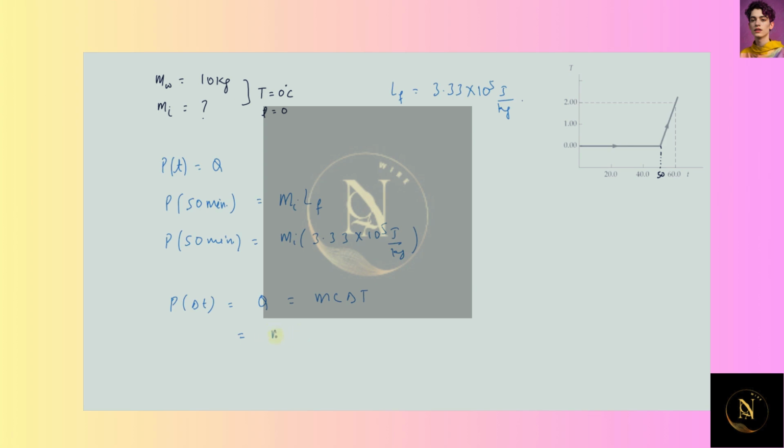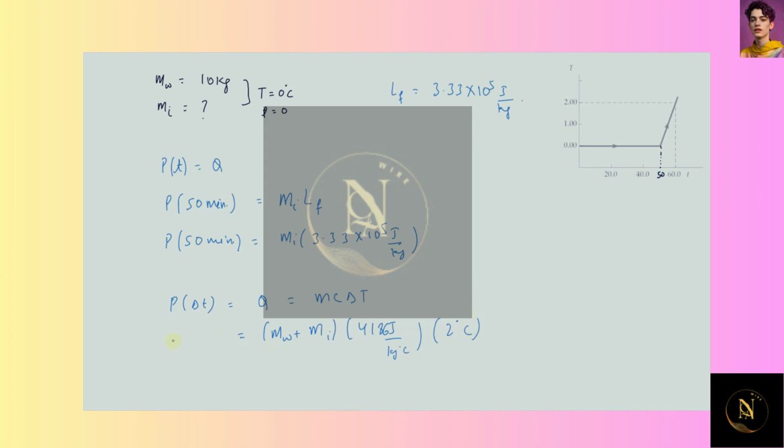That means M of water plus M of ice into the specific heat, which we know is 4186 joule per kg degree Celsius, and the change in temperature is 2 degrees Celsius.